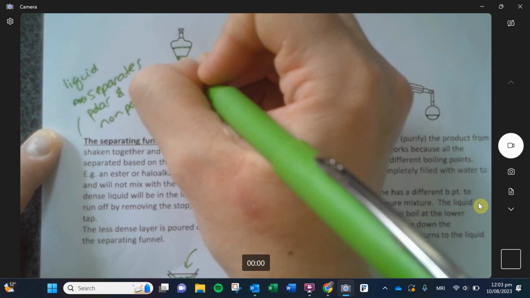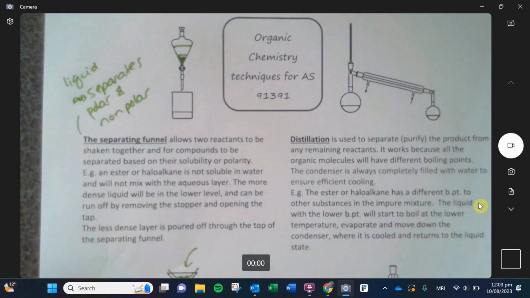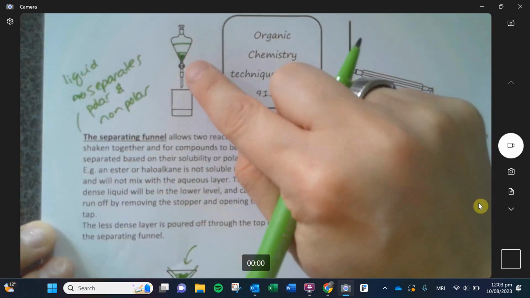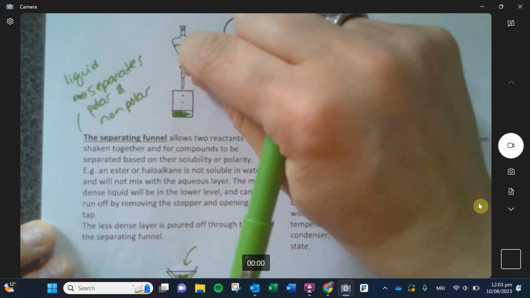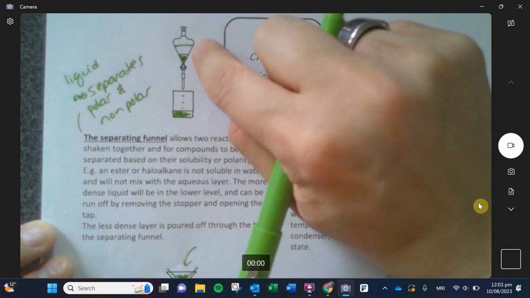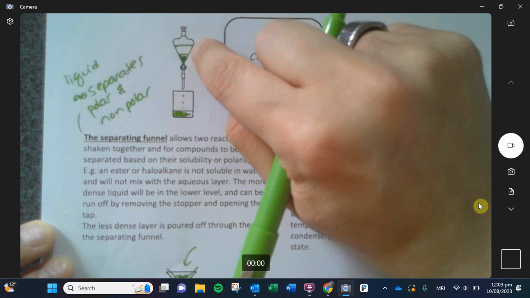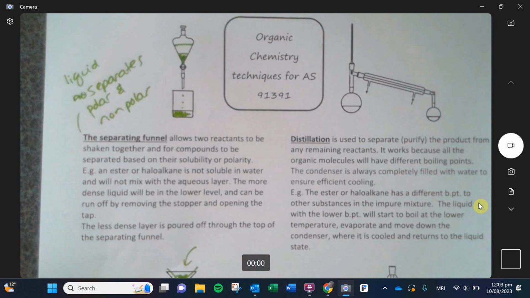You have 2 separate layers. And what you do is, just like in titration, you'd open up the tap, let the first layer go through, and then close the tap to stop the second layer from going through. The less dense layer is the one that's on top. The heavier thing's on the bottom. Something that's polar and something that's non-polar if I want to separate it.